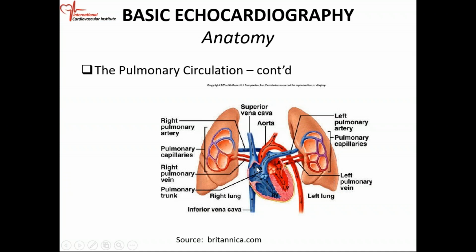The blood is now going to move from the right atrium across the tricuspid valve into the right ventricle. This is deoxygenated blood. The deoxygenated blood is going to pass through the pulmonary valve into the pulmonary trunk. This is the pulmonary trunk. Then the pulmonary trunk is going to divide into a right pulmonary artery and a left pulmonary artery going to the respective lungs.